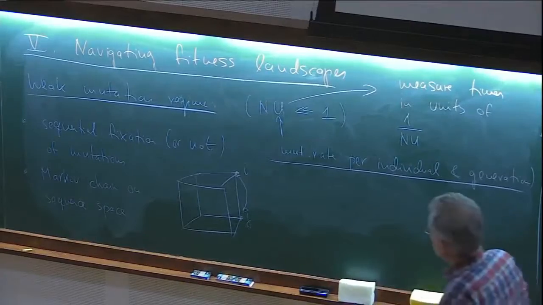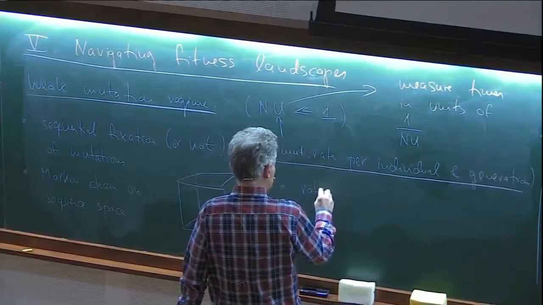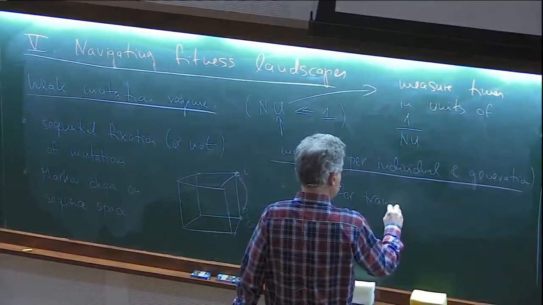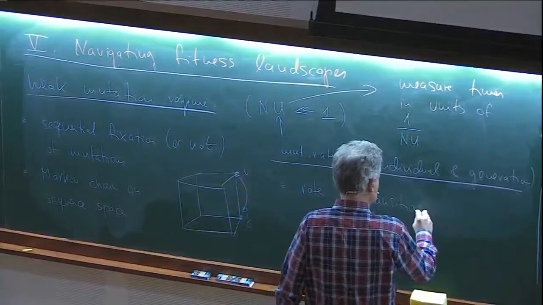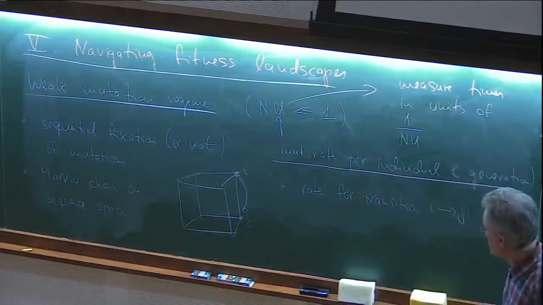And then the rate for such a transition from I to J is just a fixation probability.